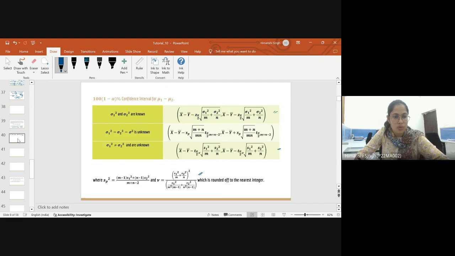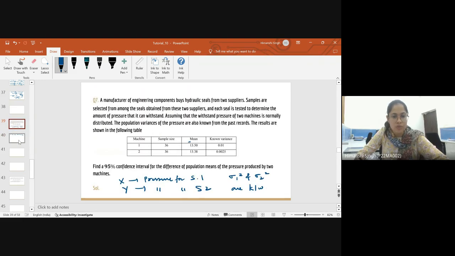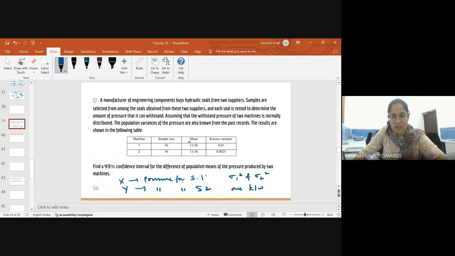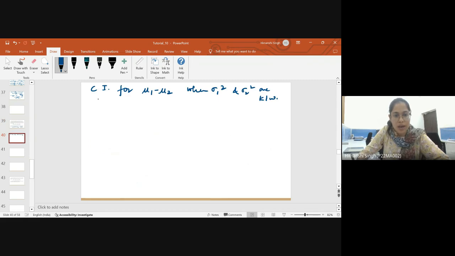First, let us consider the number of samples: this is for machine 1 and this is for the second machine. For machine 1, the random variable is X, and M is 36.